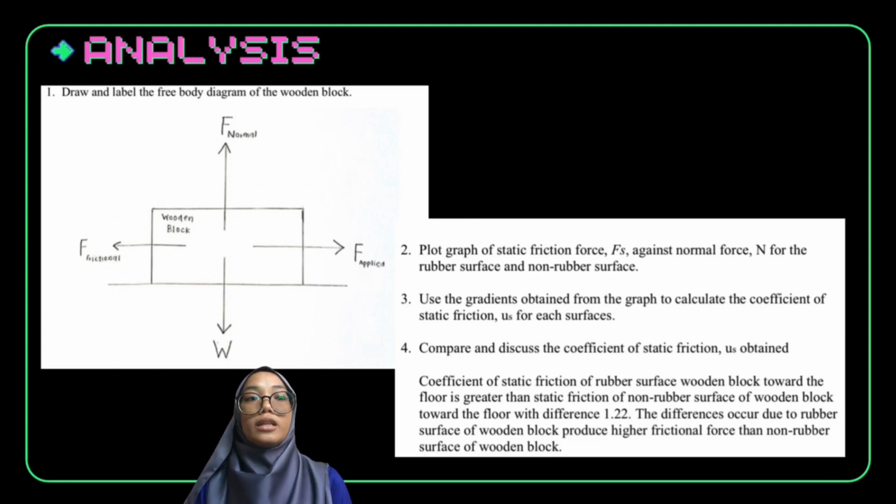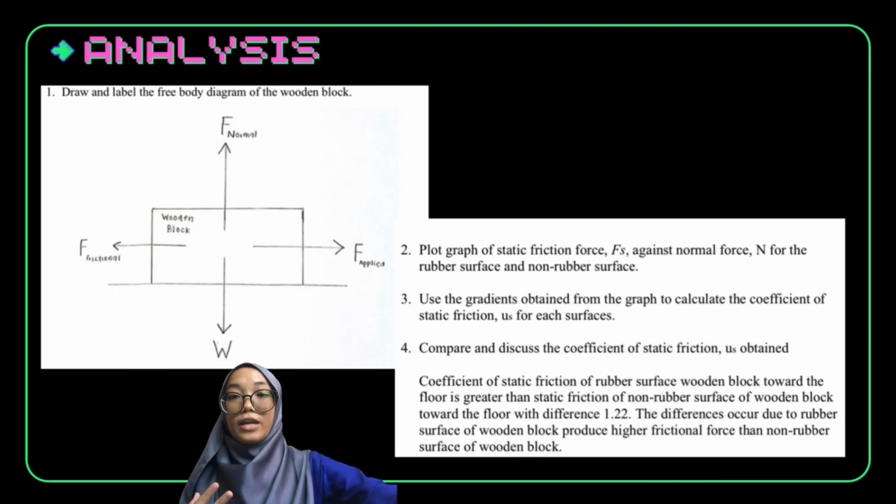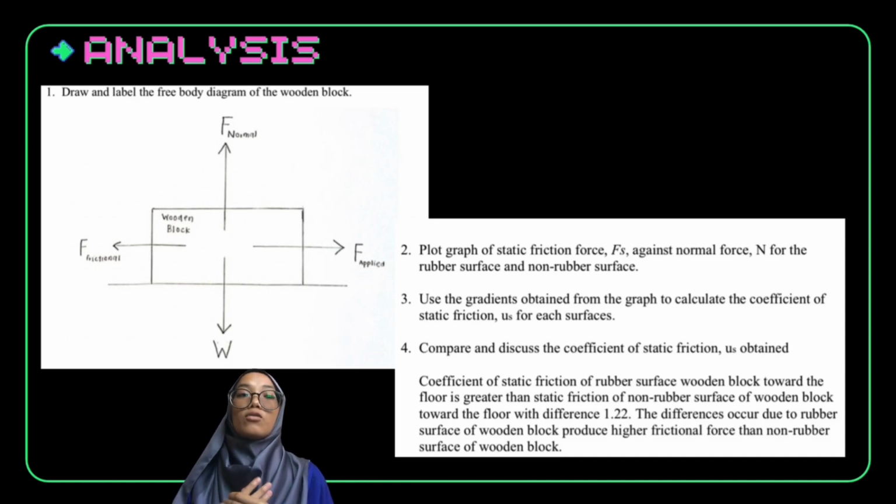The third one, we have to use the gradients obtained from the graph to calculate the coefficient of static friction for each surface. The fourth one is we have to compare and discuss the coefficient of static friction obtained.